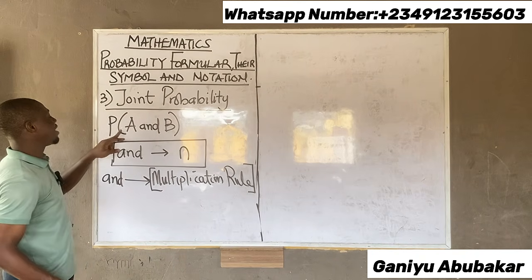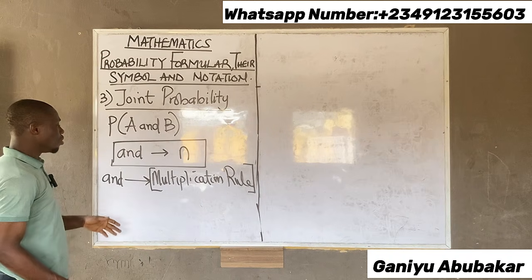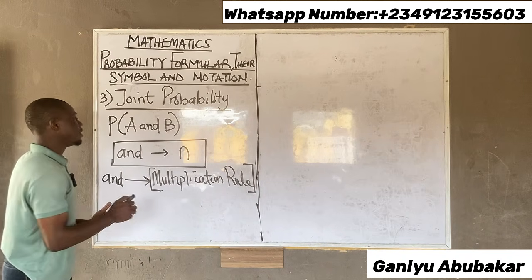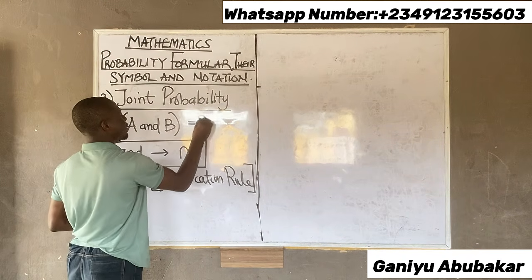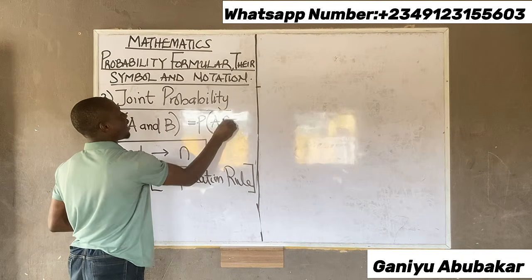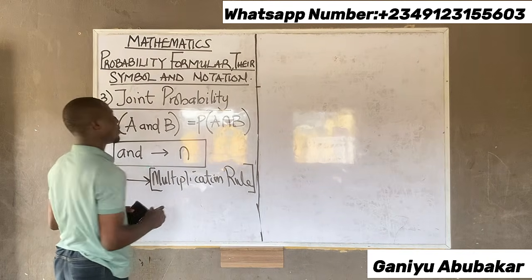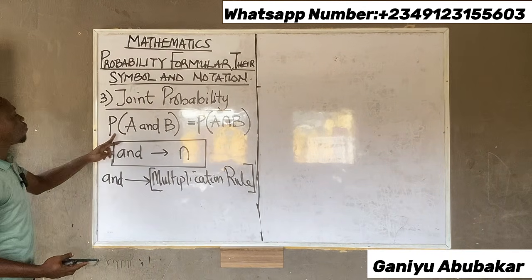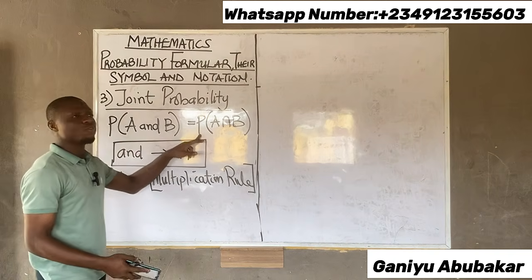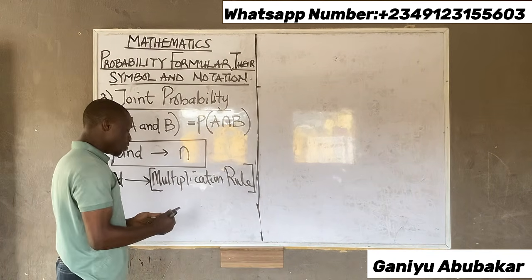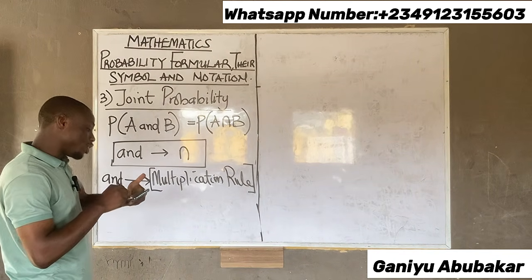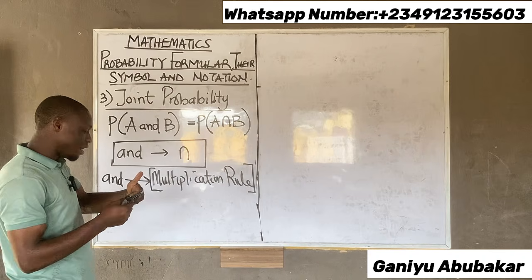So the probability that A and B will occur is the same thing as saying the probability of A intersection B. Intersection also means and, right?